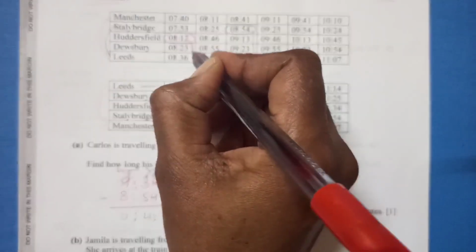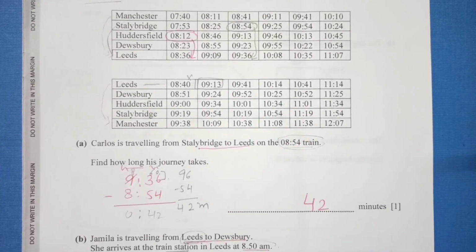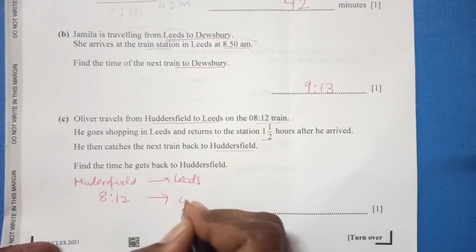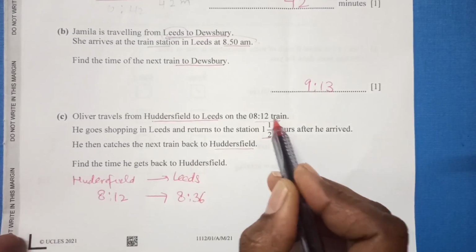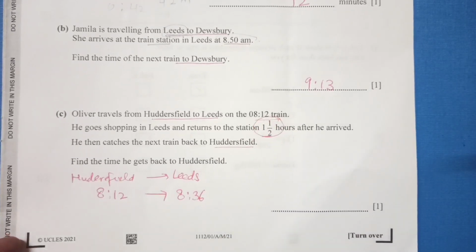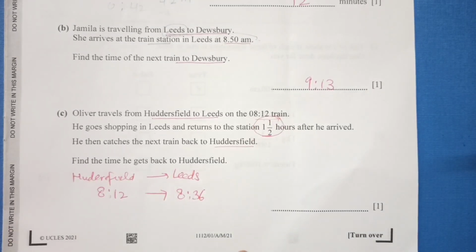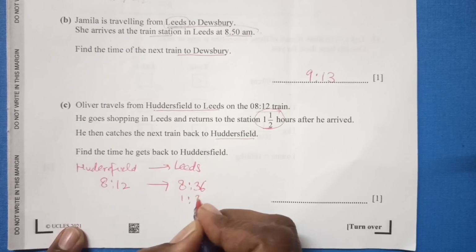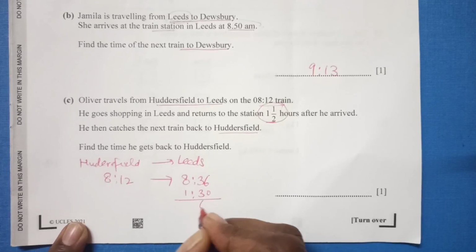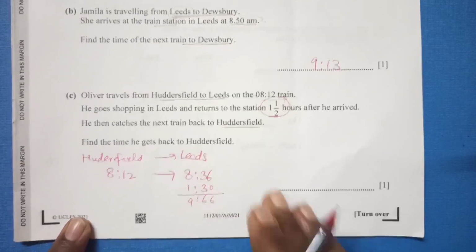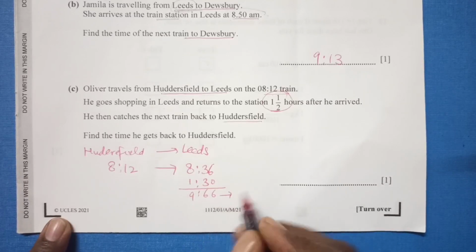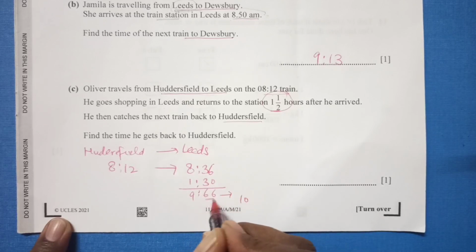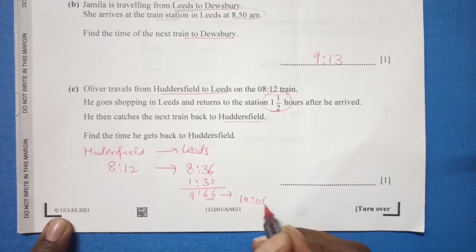He will reach at 8:36. Then he takes 1.5 hours for the shopping. If you add 1 hour 30 minutes, it becomes 9:66, which is more than 60 minutes. So this becomes 10:06.